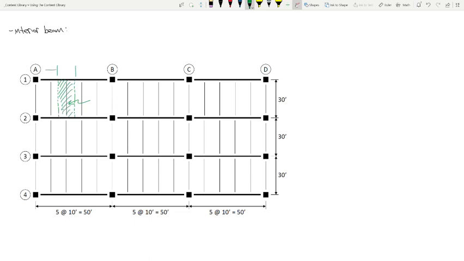Somebody tell me what that tributary width is. What is that tributary width? So this is 10 feet between the beams. So we go halfway over. What is that? 10 feet.